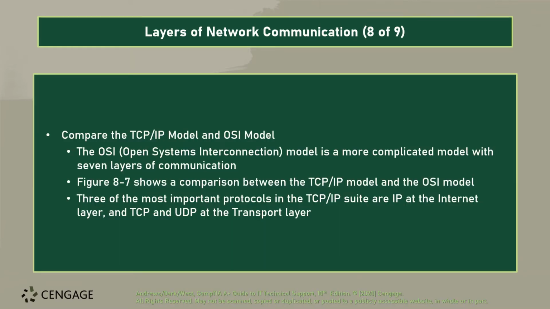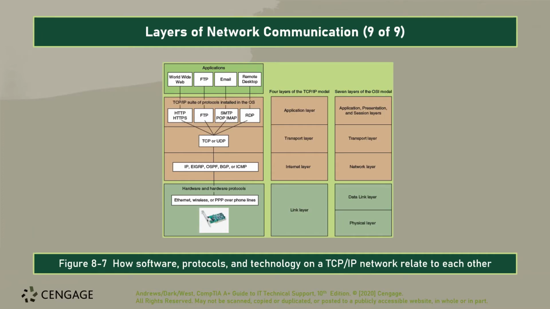Now, as I said a little bit earlier, the TCP/IP model and the OSI model are very closely related, but the comparison is a little bit difficult sometimes because of the merging of layers between the 7 layers of the OSI and the 4 layers of the TCP model. So here we can see the way that that's laid out.